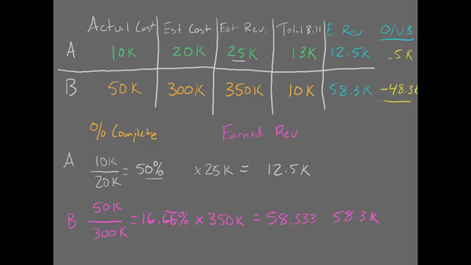So the final step in this process is to do this for all of your projects and add them all up. So the company overall is $47,833 under billed. So the last thing to do is to adjust your financial statements with a journal entry. You'll adjust an asset account, typically a 1,000 account, which is called costs in excess of billings.